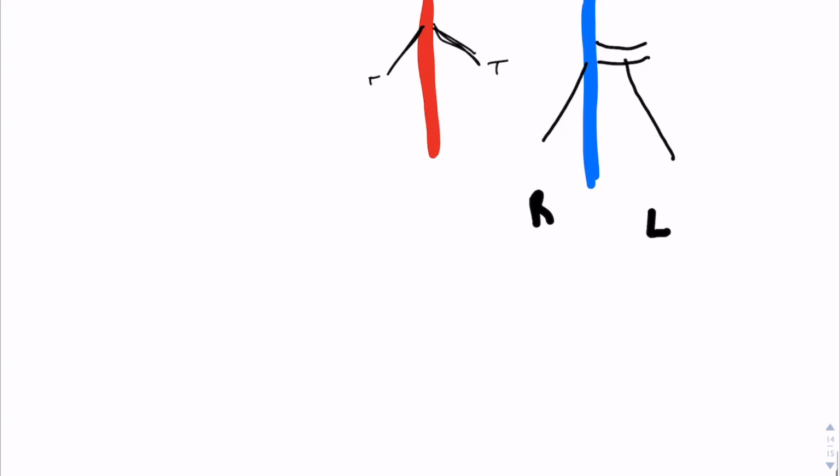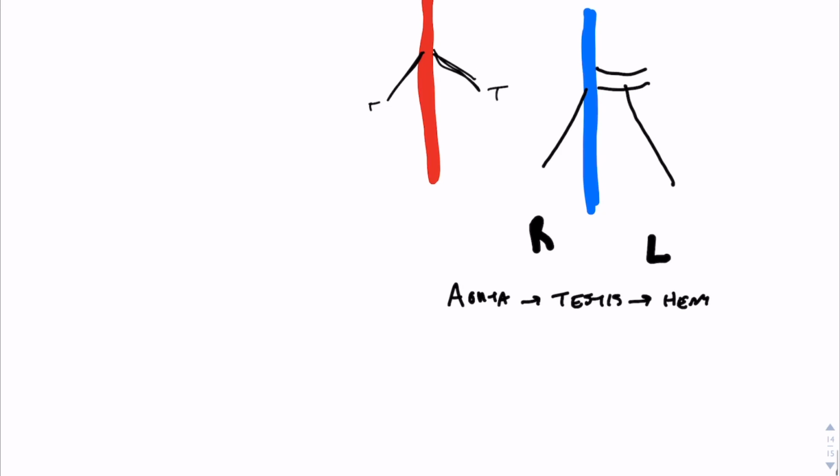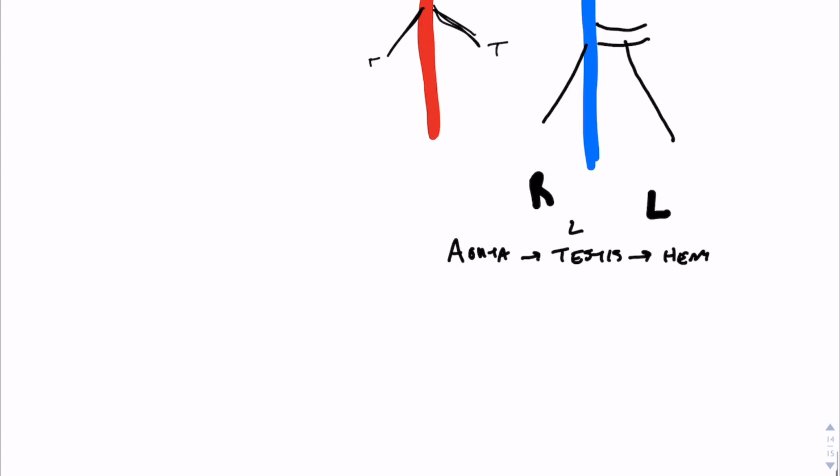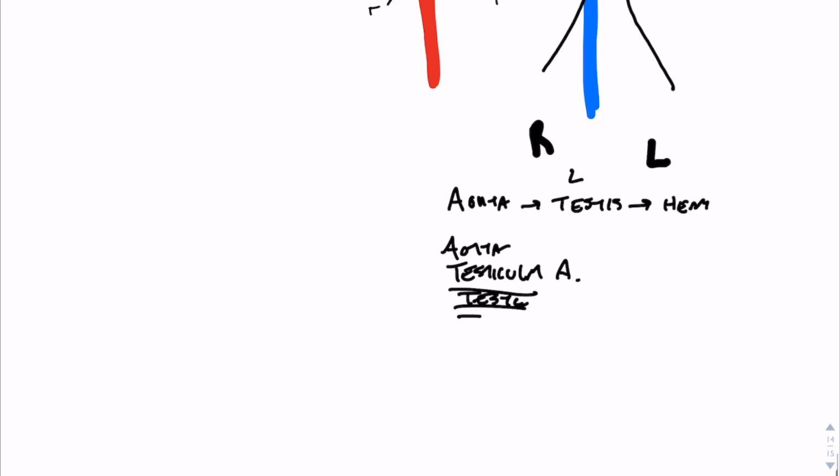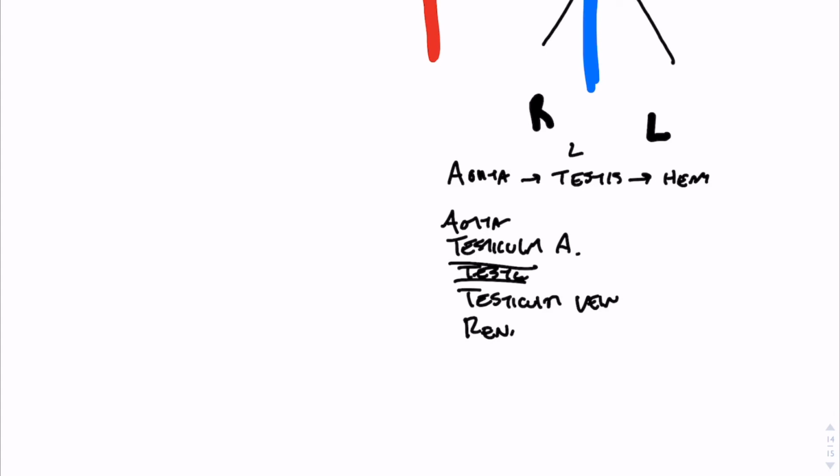So if Mark asks you to go from the aorta to the testes, to the heart, and if he told you the left testis, it would be aorta, testicular artery, and then you're at the testes. And then to drain it, testicular vein, then it would be renal vein, and then IVC.